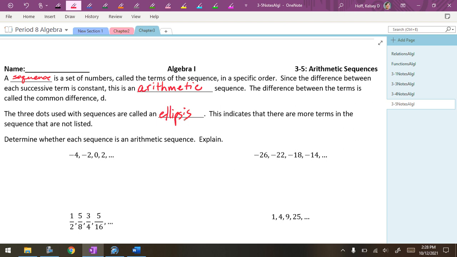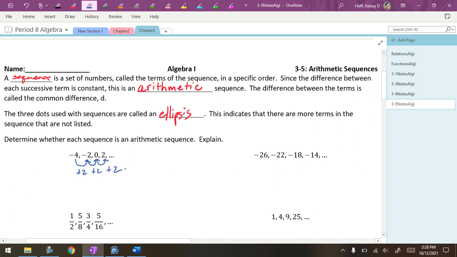Determine whether each sequence is arithmetic and explain. If it's an arithmetic sequence, we have to add or subtract only, and it has to be the same amount that I add or subtract between every number. So, how do I go from 4 to -2? Add 2. How do I go from -2 to 0? And 0 to 2.